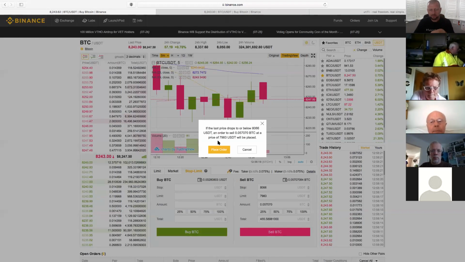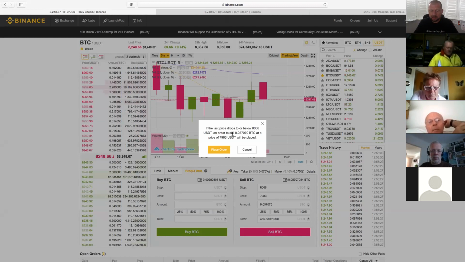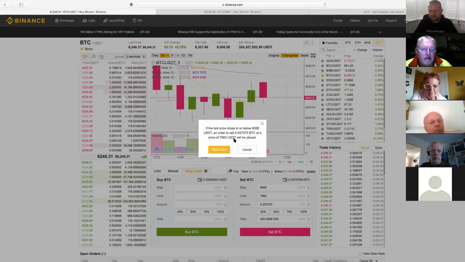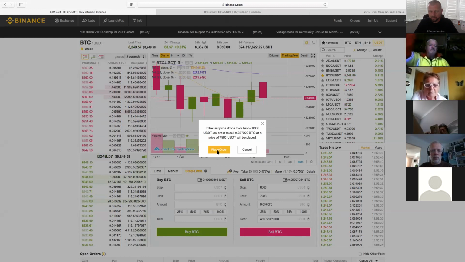And there it is, that's confirming there. If the last price drops to or below 8066 USDT, an order to sell that much Bitcoin at the price of 7983 USDT will be placed. Place order.